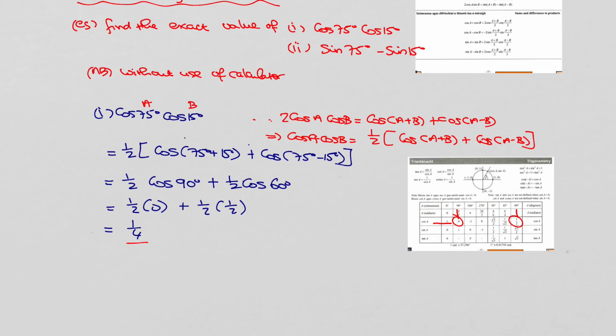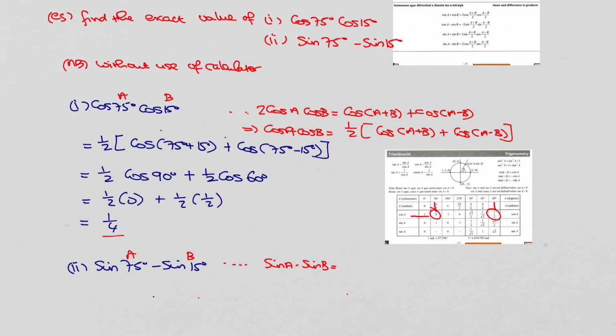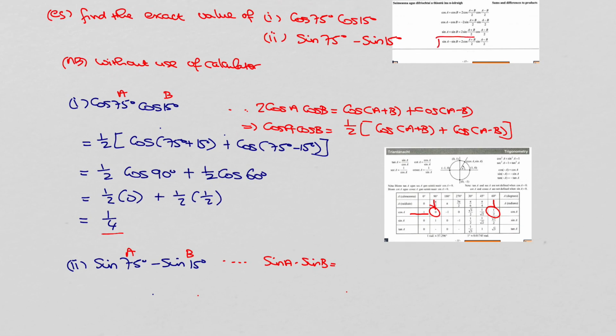So the second one then is sine 75 minus sine 15. So again, we put A and B, and we go sine A minus sine B. So if I look at my tables, sine A minus sine B, at the bottom of page 15 there, is equal to 2 cos half the sum, sine half the difference.